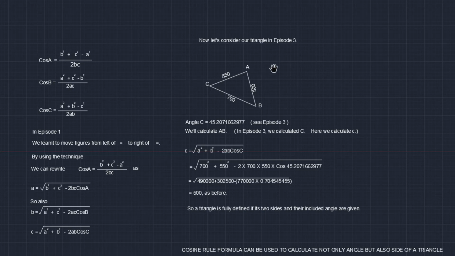Let's take the previous example, the previous triangle ABC. Side A is 700, side B is 550, side C is 500.